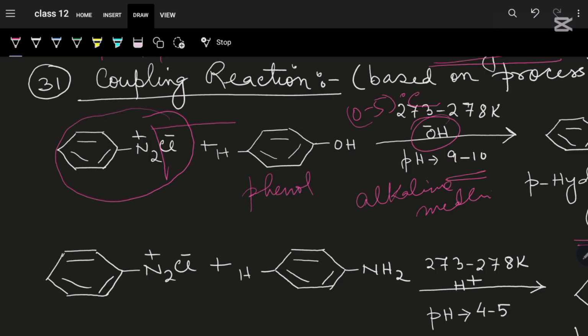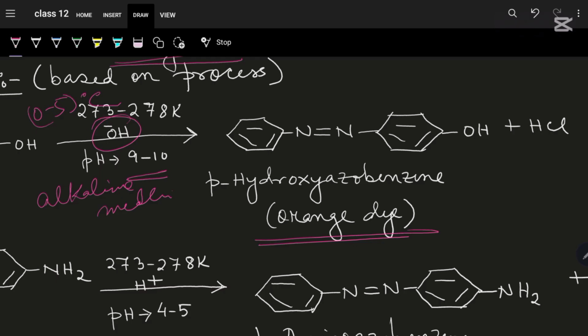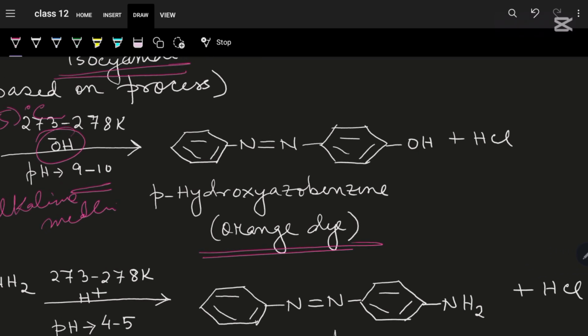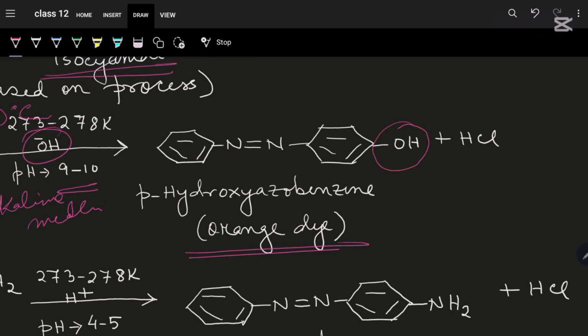Remember that you are removing HCl, joining this end to this para carbon. So you get N double bonded N. And here don't forget to give this OH, which is para-hydroxyazobenzene. This is the azo linkage. So this is your azobenzene and here is the para-hydroxy, plus HCl.